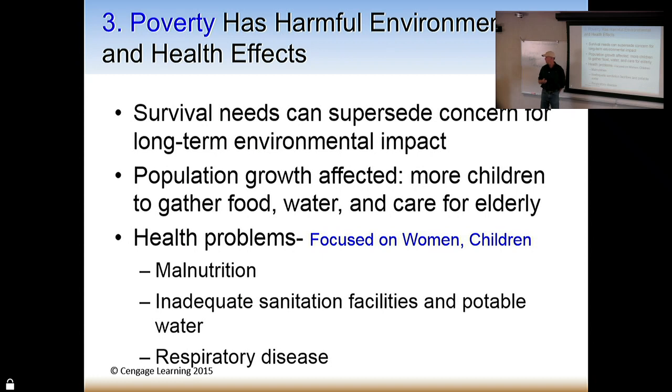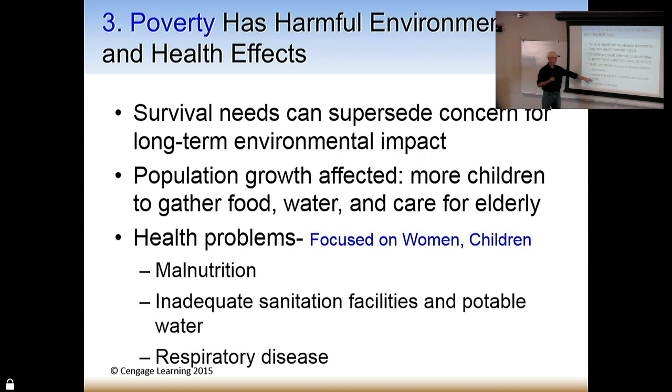They're thinking, well, these kids can care for me later. Okay? And of course, with poverty, you're going to have all kinds of health problems. Unfortunately, they're generally focused in most societies on women and children, because the men kind of take care of themselves. And it mostly comes from malnutrition. We're going to come to that when we get to the food.